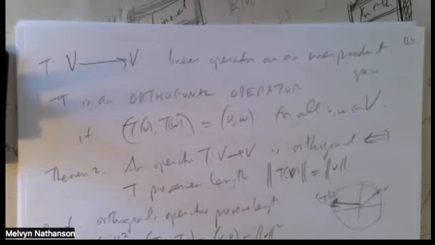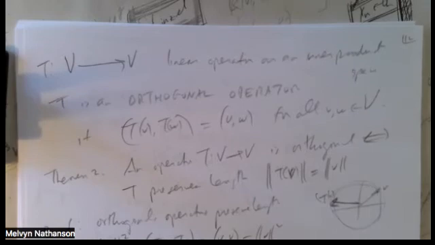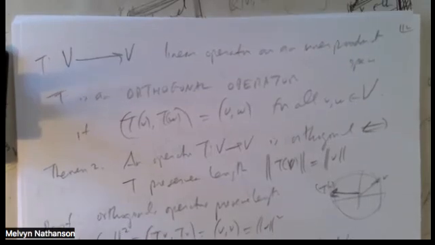On the other hand, if T preserves length, then the identity I discussed a moment ago, which I said was called the polarization identity, says what? The polarization identity says that you can express the inner product of T of v1 and T of v2 in terms of the lengths of some vectors.